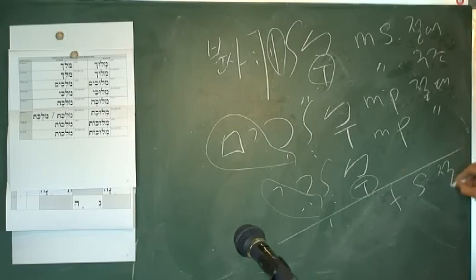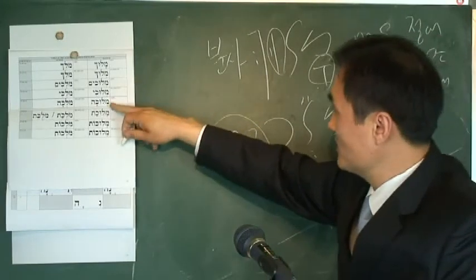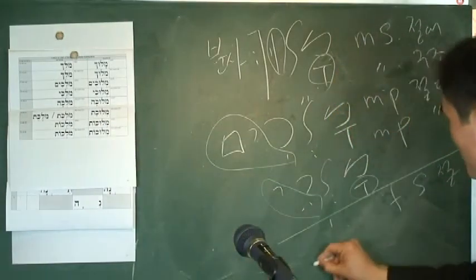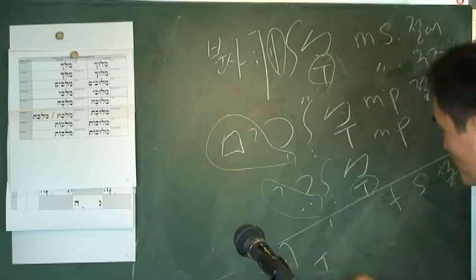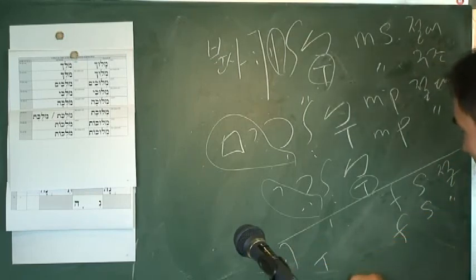Now let's look at the feminine singular absolute. The feminine singular absolute also has an a. It is important that the ending a is added.